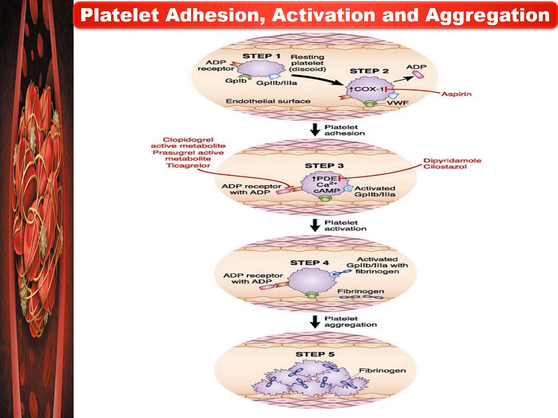In this diagram, it is clearly shown how platelet adhesion, activation, and aggregation take place after the secretion of COX1 and the release of ADP, and with this, the conformational change of glycoprotein 1b, glycoprotein 2b and glycoprotein 3a, and also the von Willebrand factor, helps the platelet adhesion.